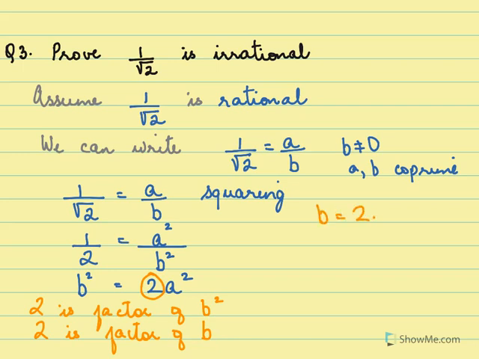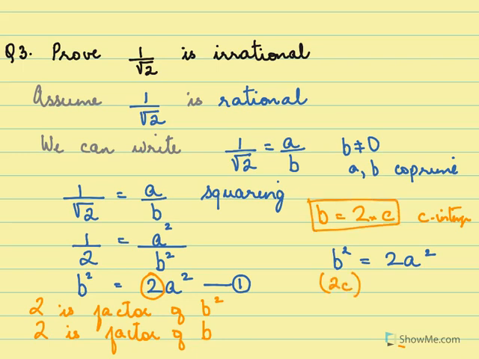If 2 is a factor of b, we can write b as 2 into c, where c is an integer. Now we start with the first equation, b square equal to 2a square. Wherever there is b, I am going to write 2c, because I know b equal to 2c. So 2c the whole square equal to 2a square.